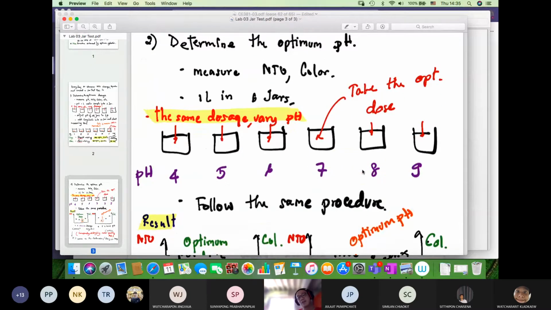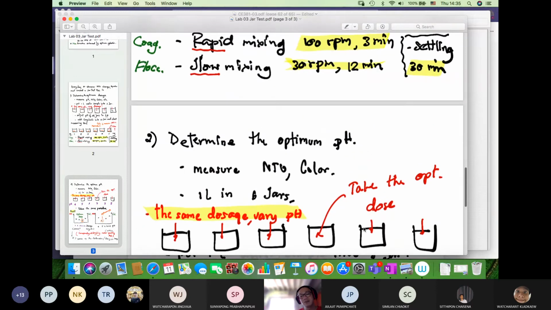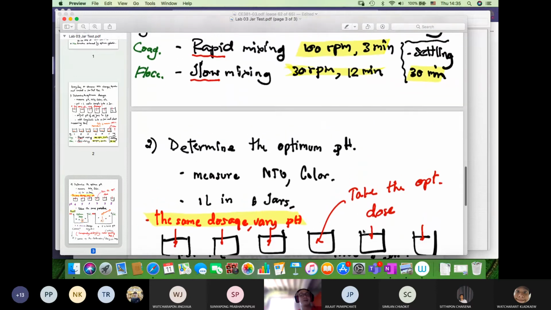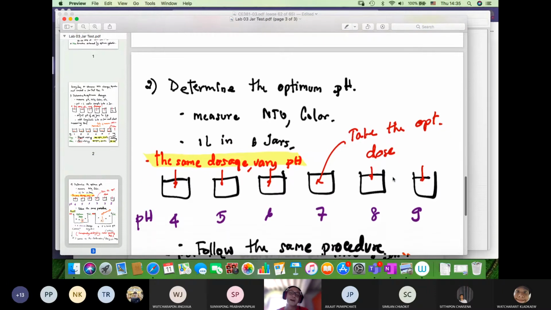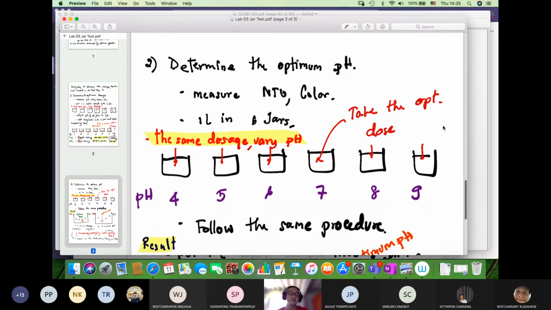We take the optimum dose from the first experiment, and then again we put the same dosage in the 6 jars, and in these 6 jars the pH varies from 4, 5, 6, 7, 8, 9, as there are only 6 jars. So if you start from 4, that means the last one is 9. But anyway, you can decide.